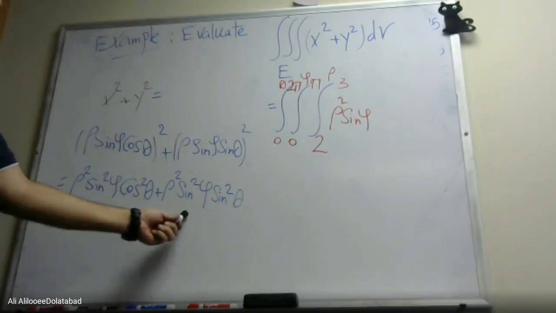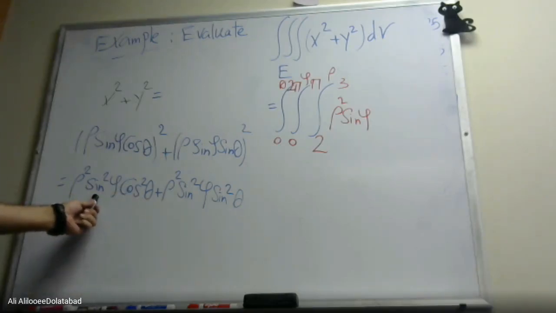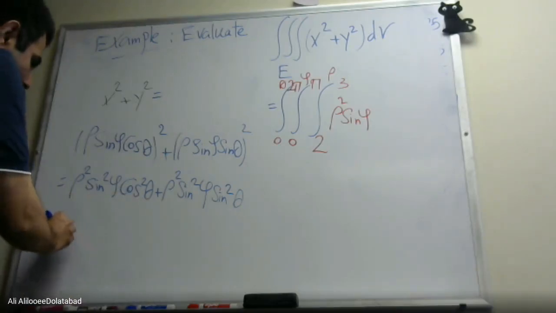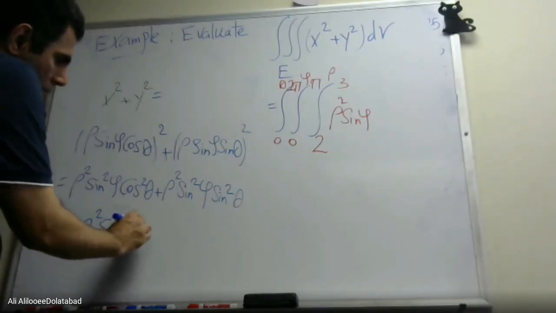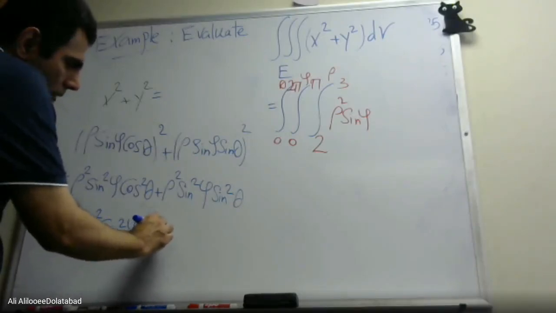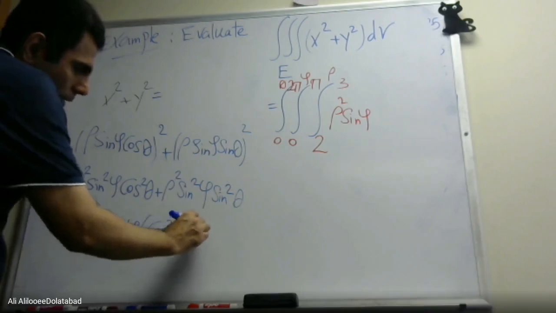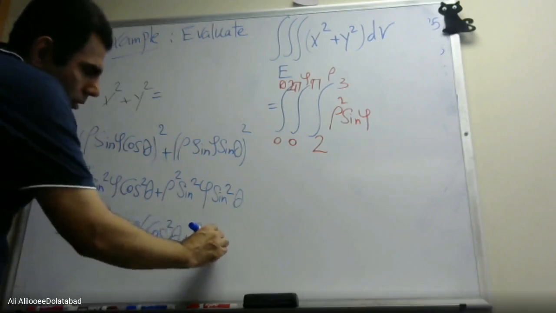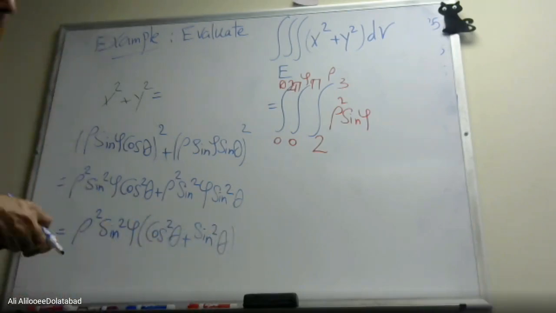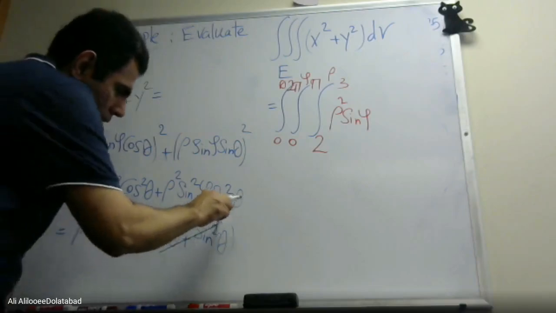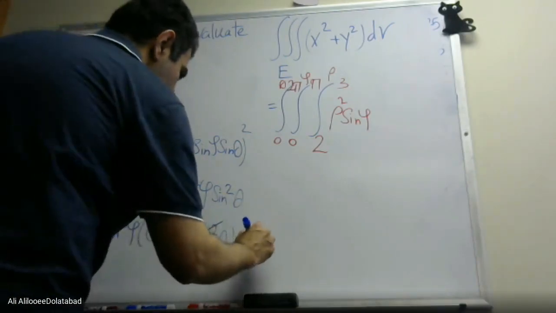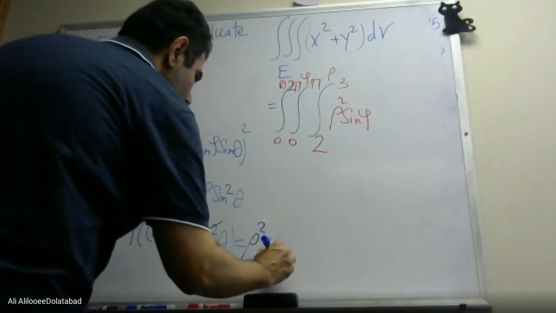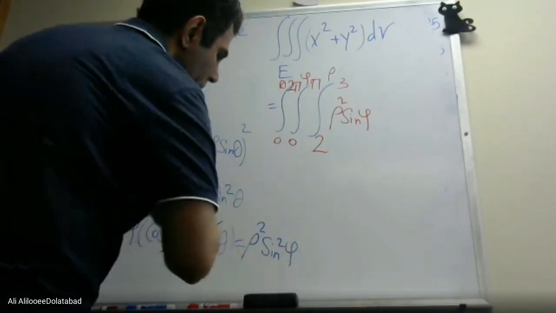You have rho squared sine squared phi in common, so you can factor it out: rho squared sine squared phi times cos squared theta plus sine squared theta. And cos squared theta plus sine squared theta is 1. And 1 times everything is itself, so this is rho squared sine squared phi.